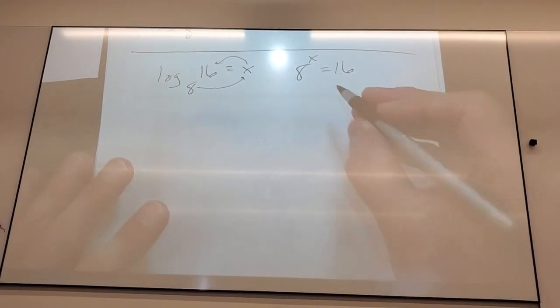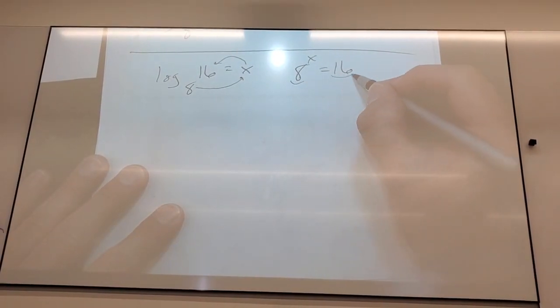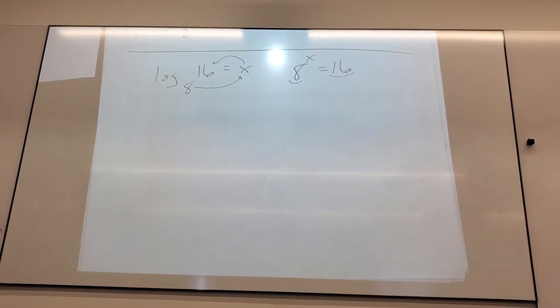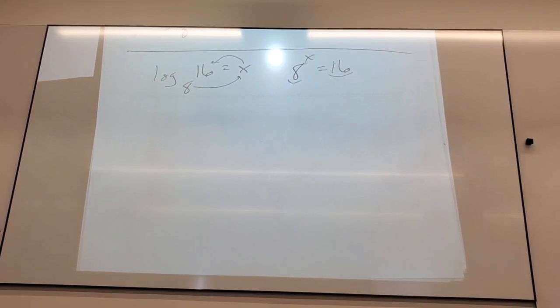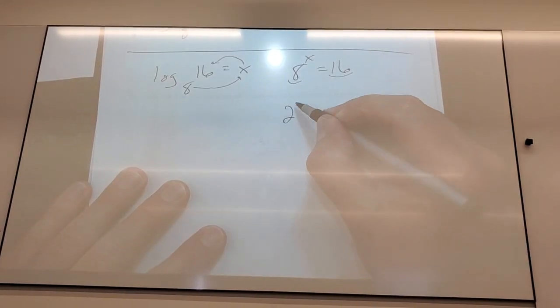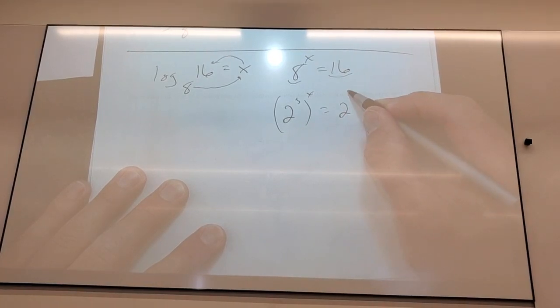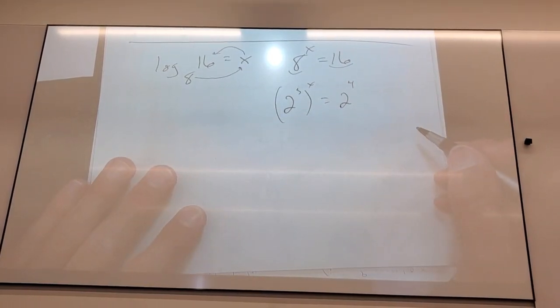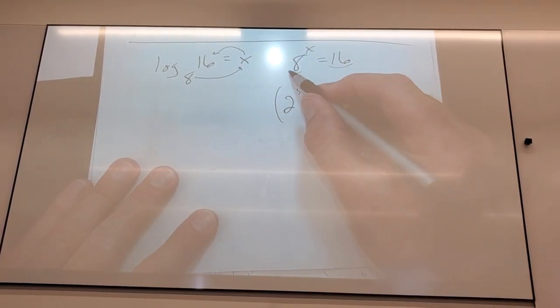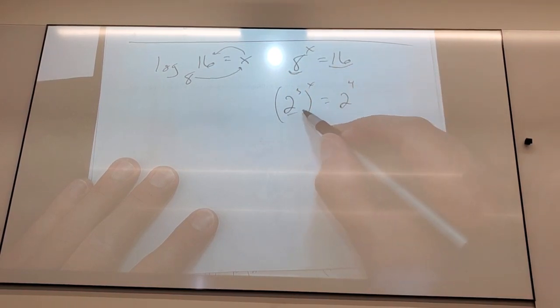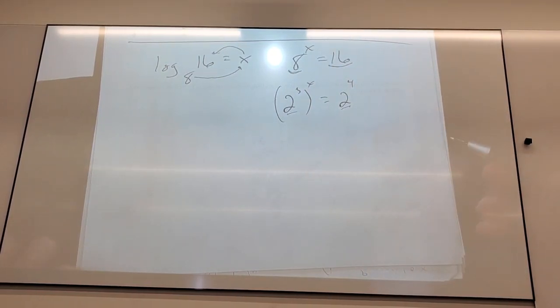Well, let me show you. What number are both of these based on exponentially? What's the base for both of them? 2. 8 is 2 to the 3rd. 16 is 2 to the 4th. If you can write each of them in terms of the same base, you can do what I'm about to do.